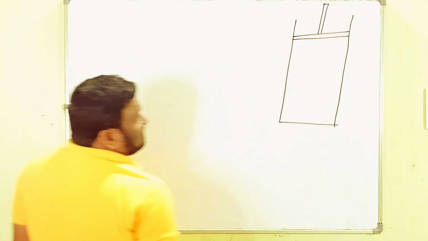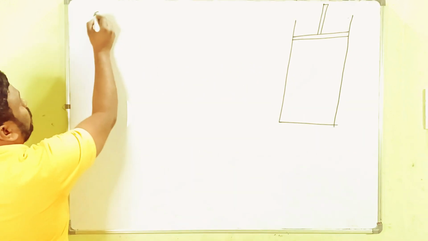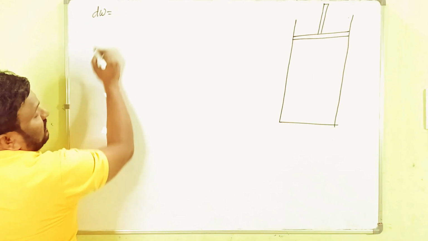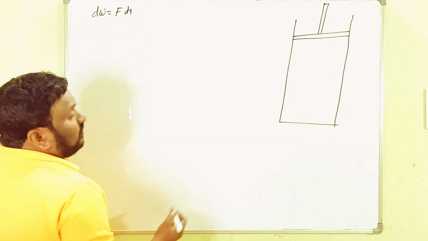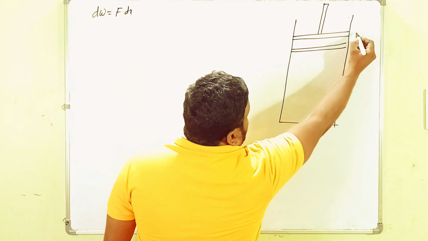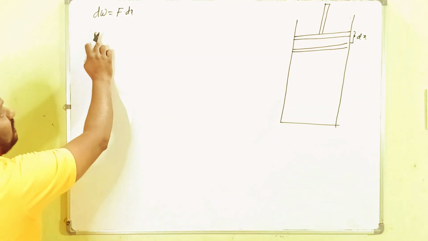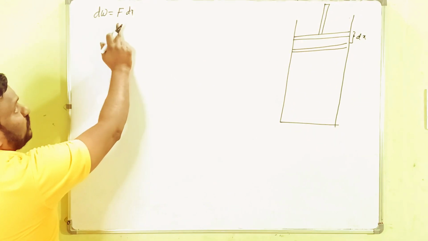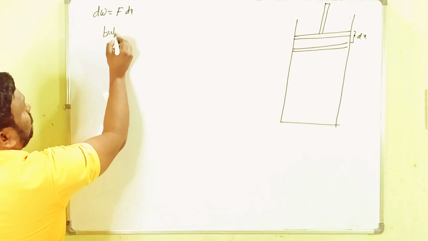How much gas is there? N moles of gas. So dear friends, here consider the amount of work done by the ideal gas for a displacement dx. For example, if the piston is moving from one place to another by a displacement dx, then the amount of work done by the gas is dW equals F into dx. But what do we know?